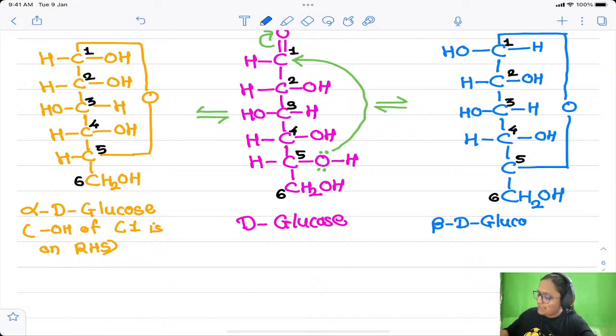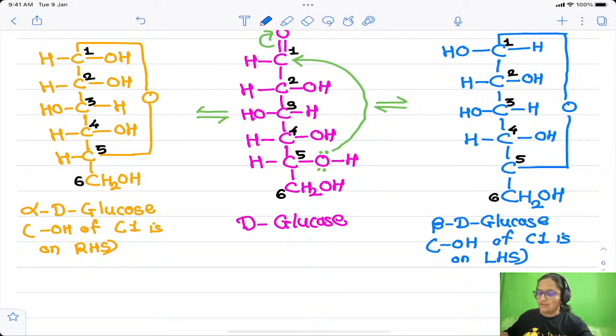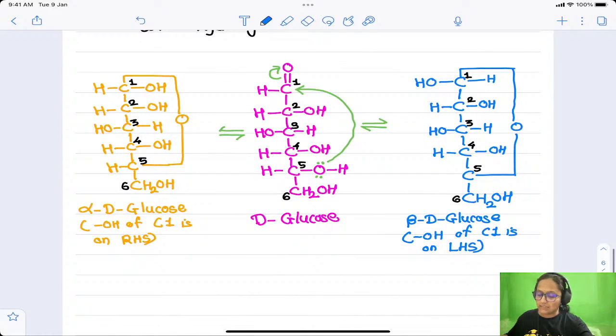Whenever the word beta is there, it is cyclic, remember. This is why this is beta: the OH of C1 is on the left hand side. So these are the two cyclic structures we can have.